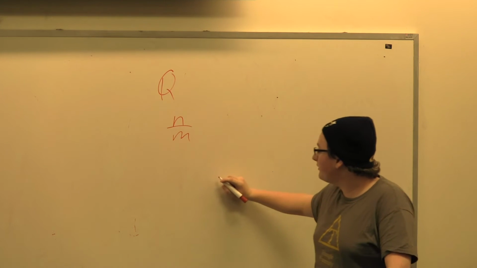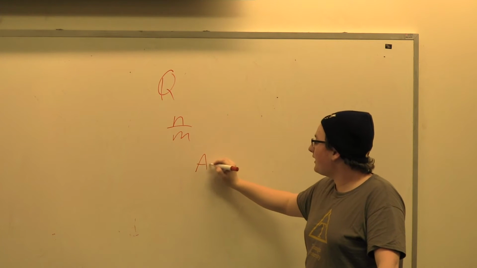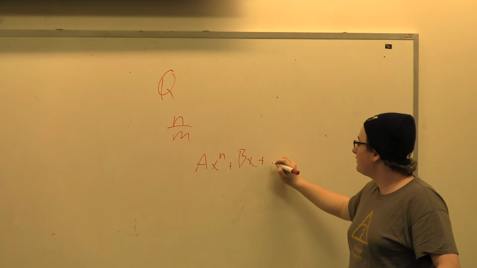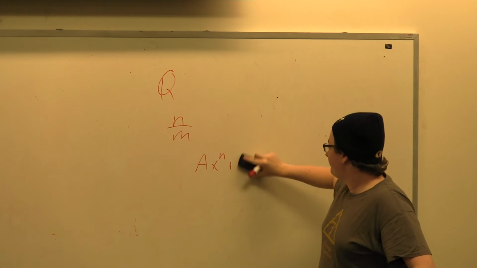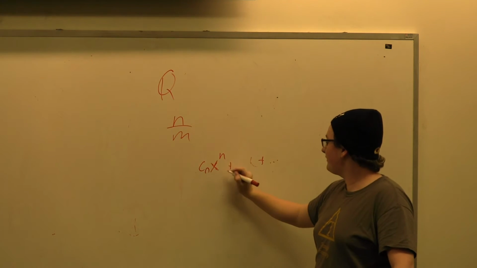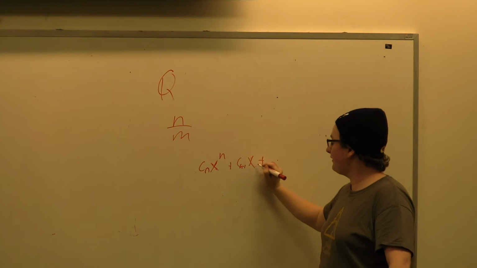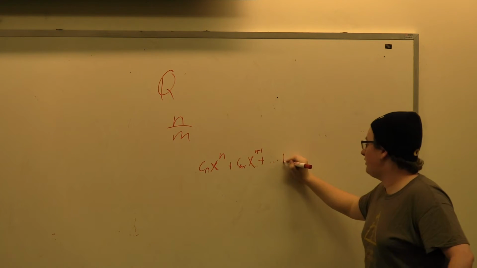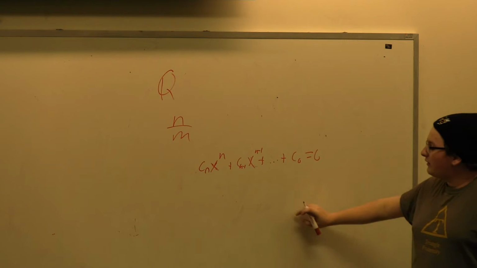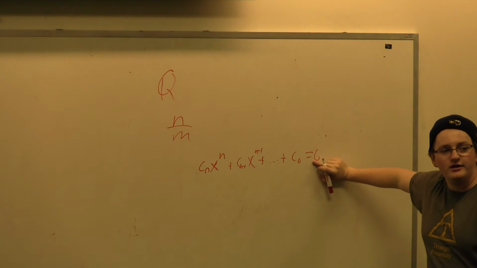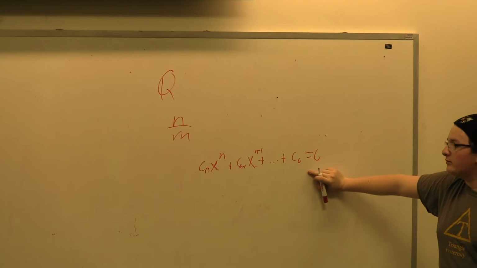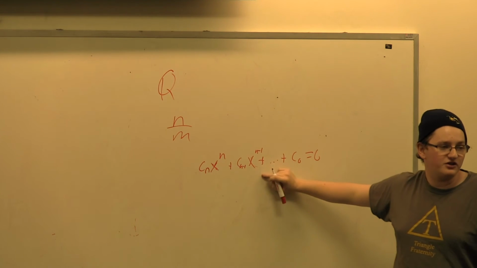You have a polynomial, like c_n x^n + c_{n-1} x^(n-1) + ... + c_0 = 0. An algebraic number is a root of a polynomial in this form with all the coefficients being integers.